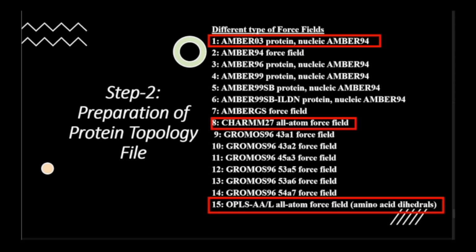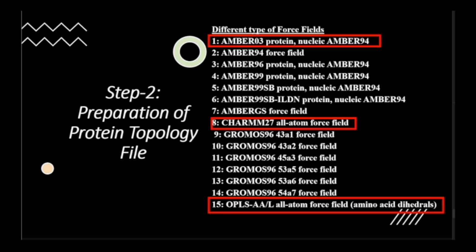Let's assume for a moment you have a protein that is bound with a ligand or a drug, and you want to simulate the behavior of the drug with the protein. In this case, the CHARMM force fields will be most appropriate for you, as you can see here at the 8th number. And let's say that you have just a simple protein, and you want to simulate its behavior.